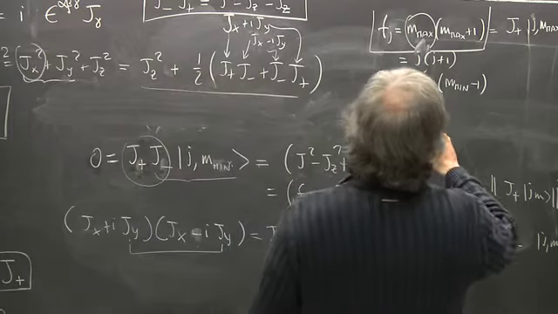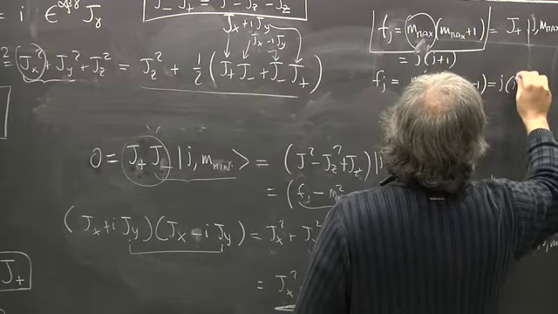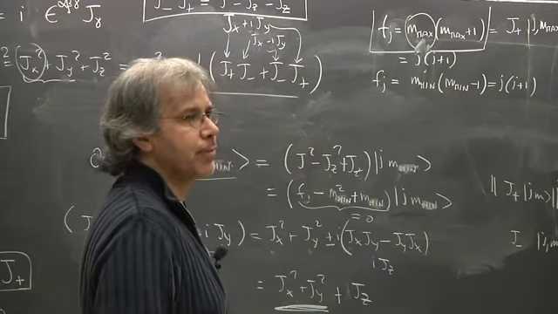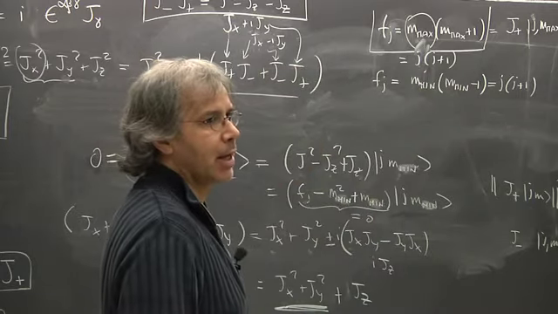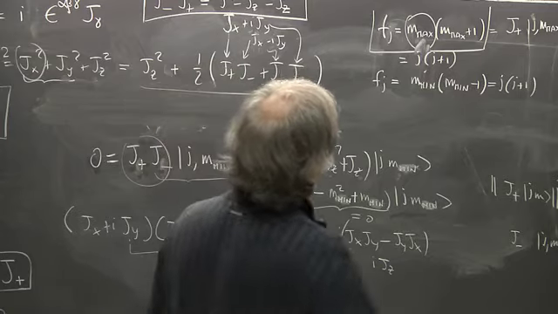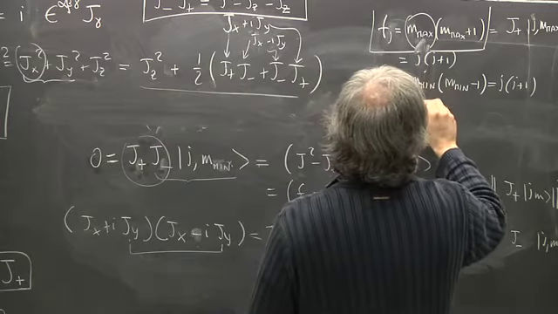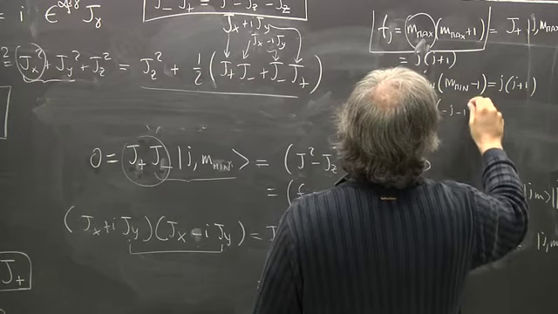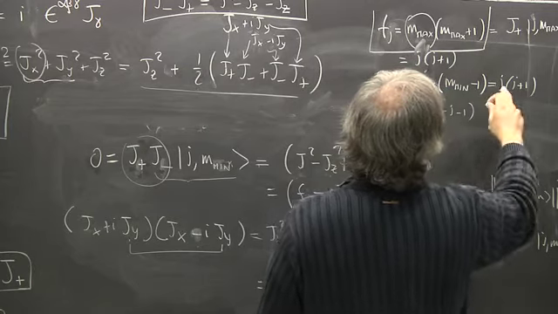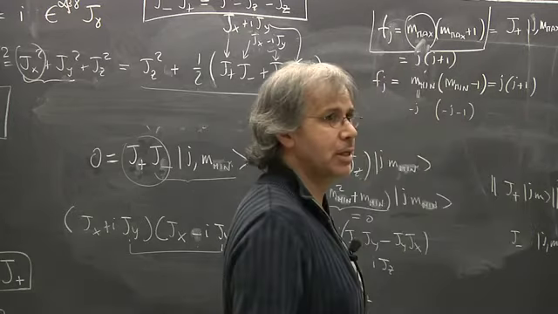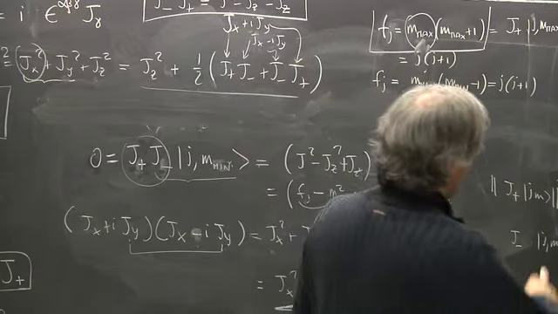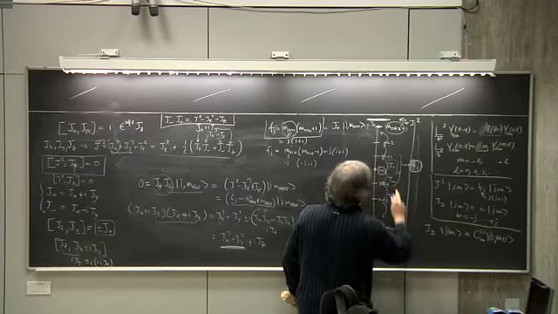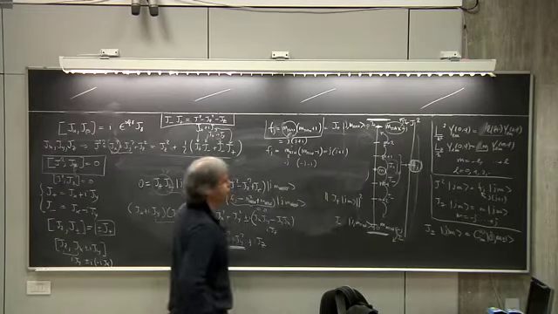But fj, I know it's equal to j times j plus 1. So can you tell me what m_min must be, therefore? You see immediately that if you plug in minus j here, I get minus j times minus j minus 1. The minus goes away, and everything is correct. So m_min is nothing but minus m_max, which was called j.